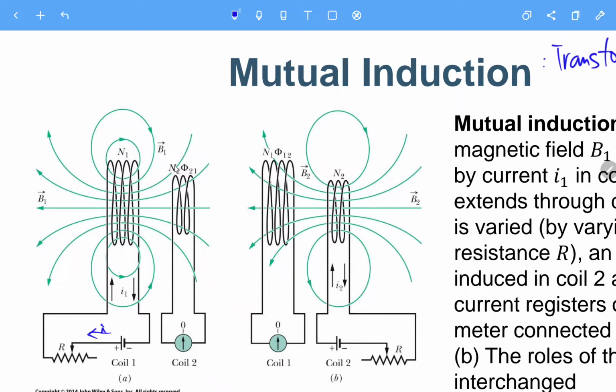In this case, coil 2 will have an induced EMF. We can use a sensitive ammeter to measure this induced EMF or induced current. Actually, in the second lab session you will do this lab.